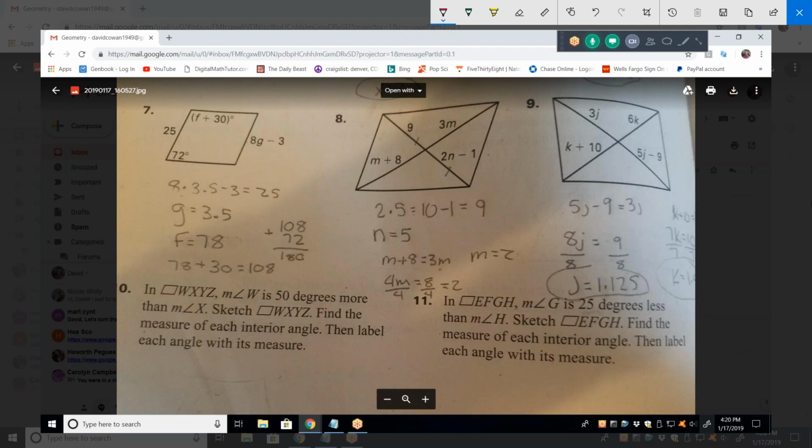K plus 10 equals 6k. Do we know that these are equal? Yes. In other words, I don't see any notation in this diagram like they do here where they have hash marks that tell you they're the same.